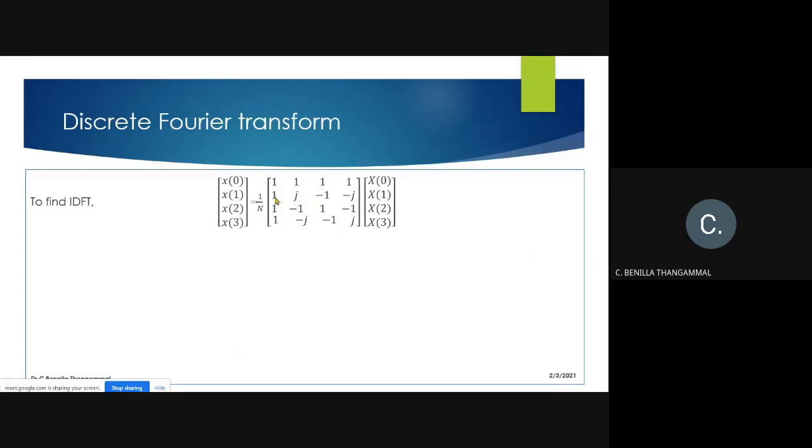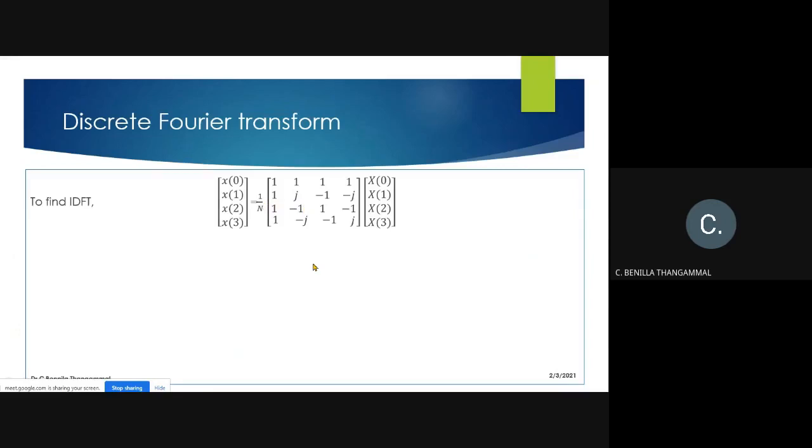So there it will be 1, minus j, minus 1, plus j, and here it is 1, j, minus 1, minus j. So rows 2 and 4 should be exchanged, right? So you don't get confused, just take your DFT shortcut method, swap rows 2 and 4 for the IDFT, and multiply by 1 by n.